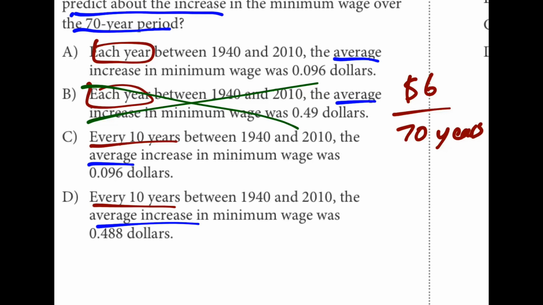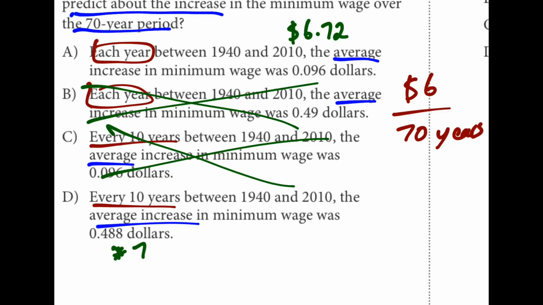Or, well, 67 cents. But either way, it's not even close to enough. So if I consider $0.096 times 70 years, I get an increase of $6.72. And if I take 0.488 times 7 for 7 decades, I get $3.42. So A is the best choice.